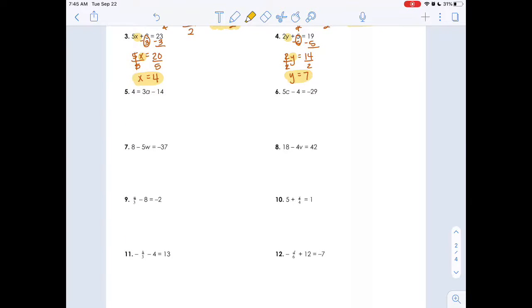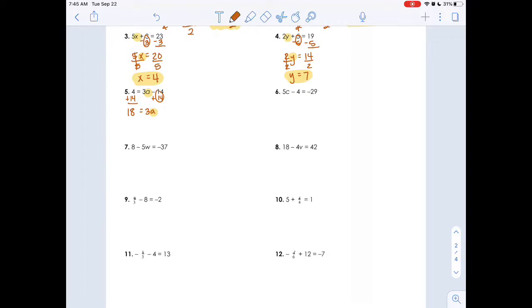For number 5, we have 4 equals 3a minus 14. The variable here is a. In order to get the a by itself, I'm first going to add 14 to both sides. Negative 14 plus 14 gives me 0, so I'm left with 3a equals 4 plus 14 is 18.